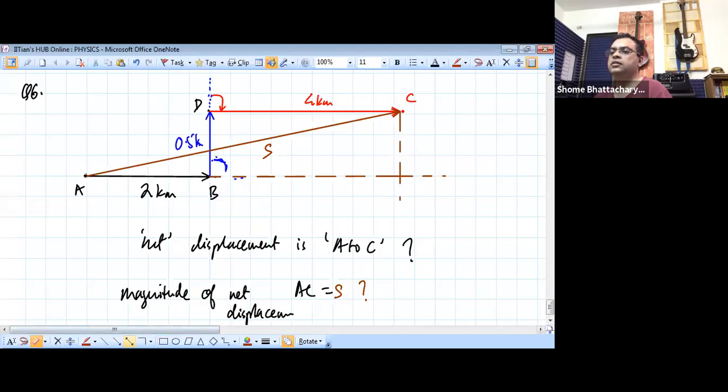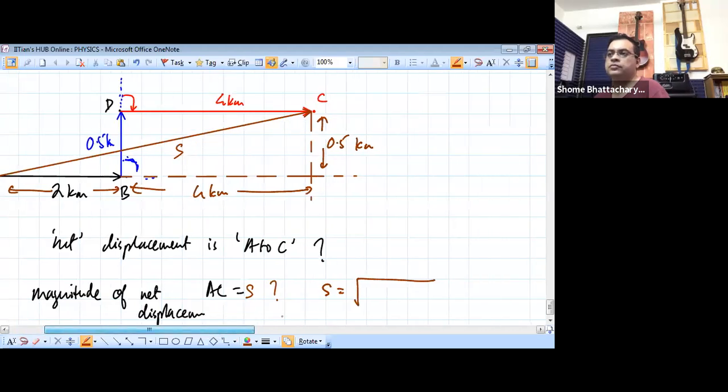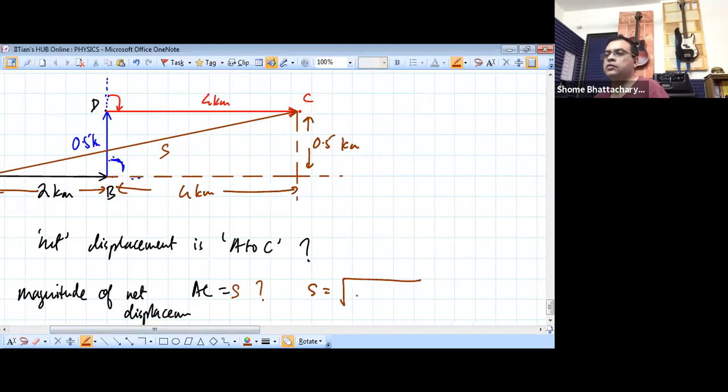So this right angle triangle, this is 4, this is half a kilometer or 0.5, and this side is 2. So what is S equal to? Exactly. Shift the vectors and then Pythagoras. That will become square root of 36.25. So that is your final answer.